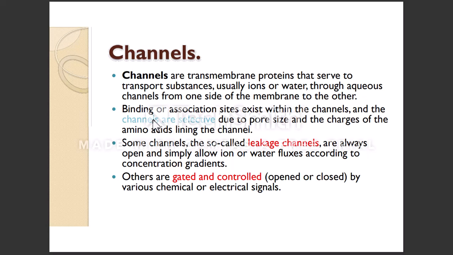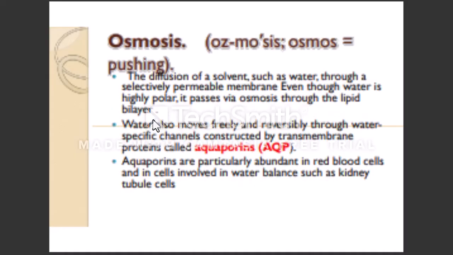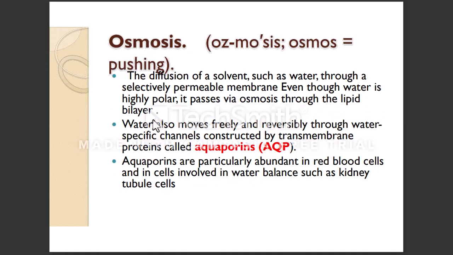Leakage channels are those that are always open and simply allow ion or water fluxes according to their concentration gradient, while you have others like the gated channels, which are closed, and so they can only open as a result of certain signals. Now we are going to look at another type of diffusion, which we say is osmosis.